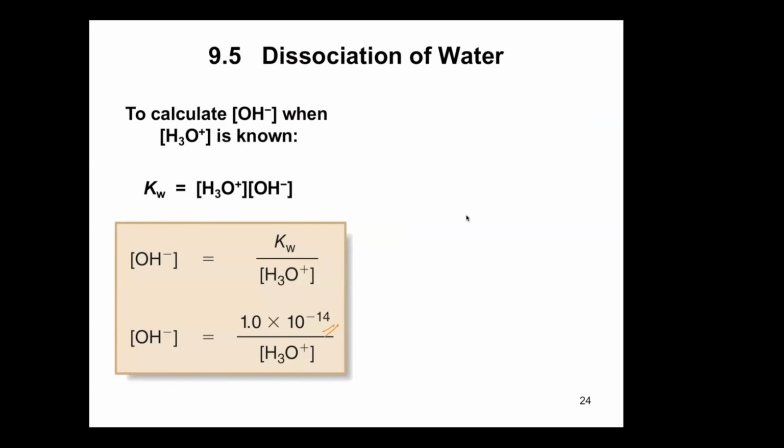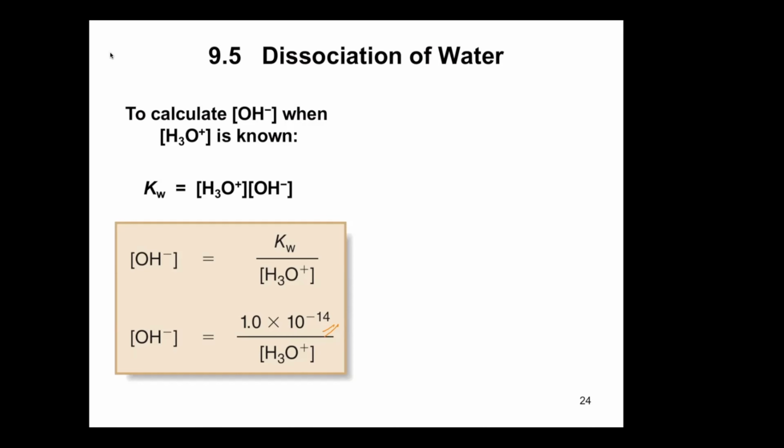Again, the K sub W, or the water dissociation constant, is equivalent to 1 times 10 raised to negative 14. We can use the H3O and OH concentrations to determine whether a compound is acidic, basic, or neutral. We will work on that later.